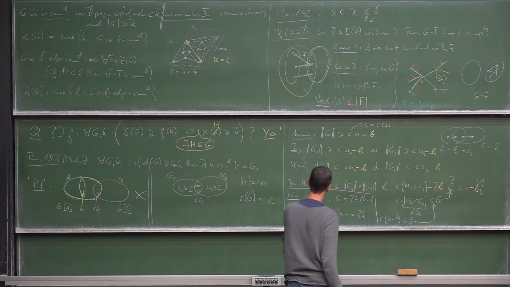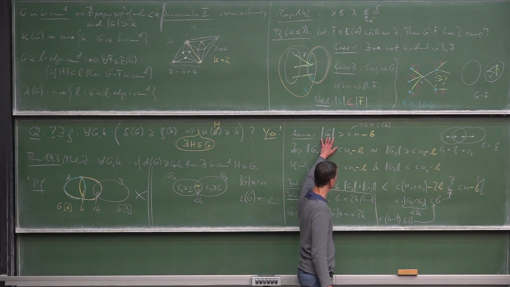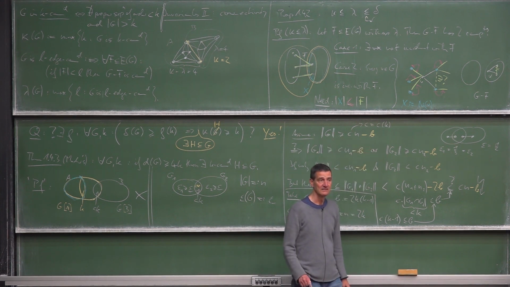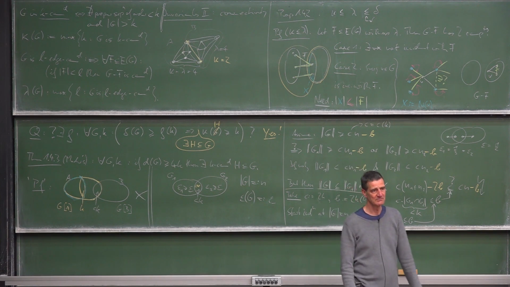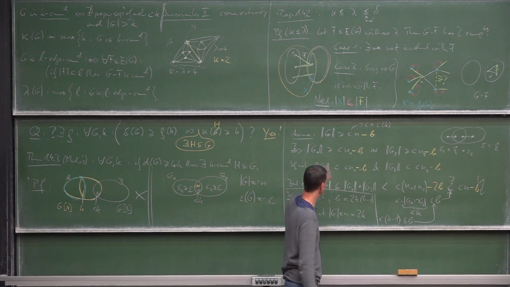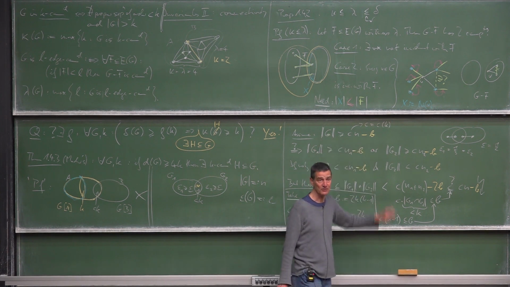If you work it out, and you're assuming that G has 2k vertices and at least this many edges, you do have to do a few sums, but it will tell you that G has more edges than the complete graph.